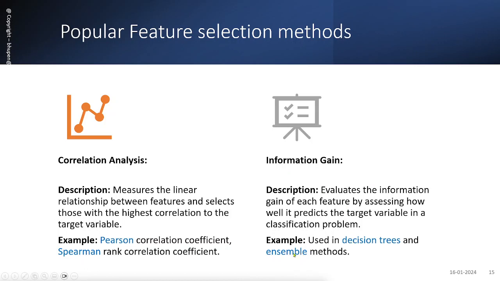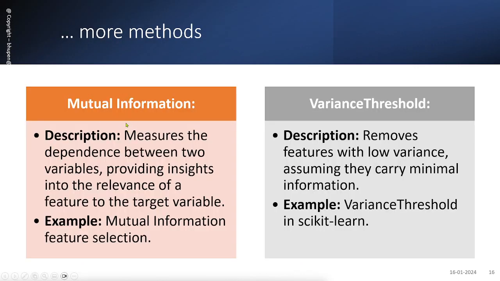Information gain is again a popular feature selection method, as you have seen in decision trees, random forest or ensemble methods, where each of the columns is associated with Gini or Gini index, or any other mechanism that you might use, for example entropy, and we can use that to sort the columns in terms of information gain. The column at the top would be more discriminatory in nature, more useful to keep. Mutual information is another feature selection technique.